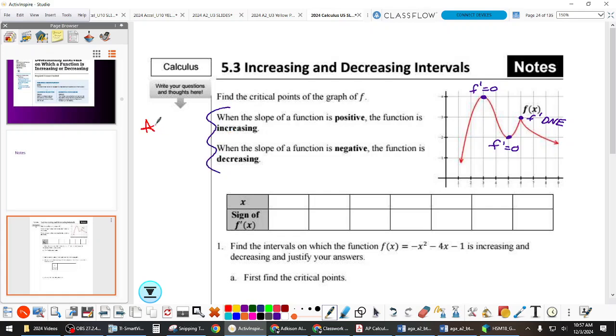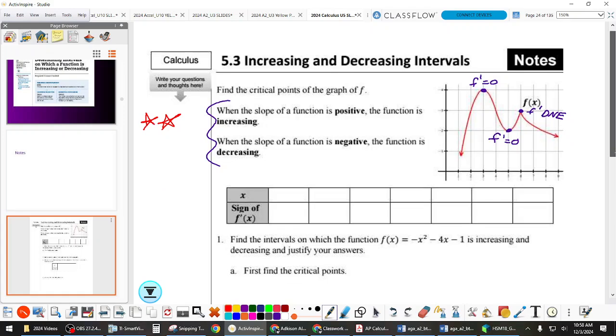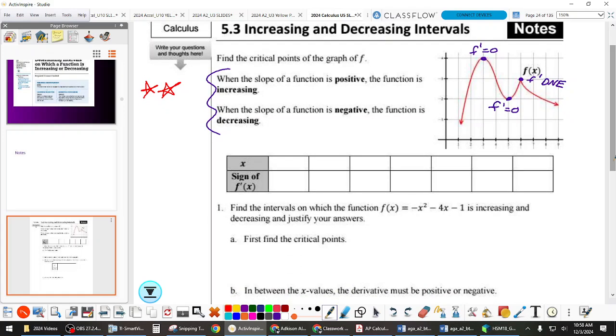But it's important. So positive slope is increasing, negative slope is decreasing. So what we'll do, and after this one, when you're working on your own, you'll have to set up your own tables. But basically, we're going to write in our critical points and then leave space between them to figure out what's going on.